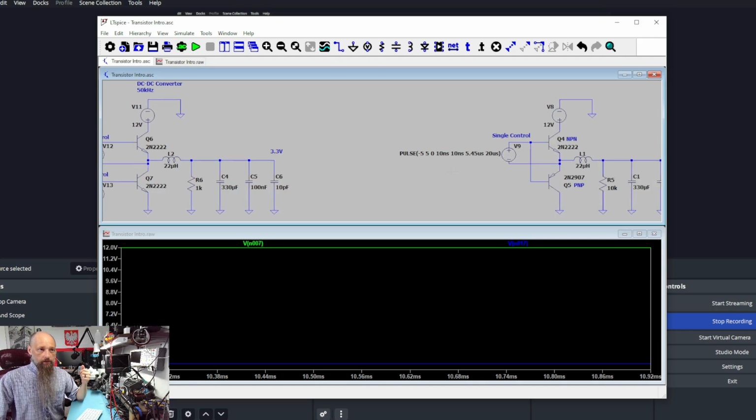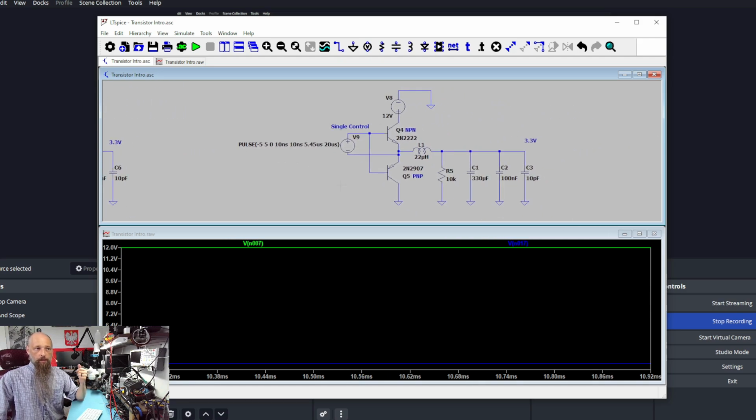Now in reality, in practice, this will be 2 transistors, but I wanted to first draw it with 2 NPN transistors, not to confuse you. But a more typical application is using an NPN transistor and a PNP transistor. And as you can see, we're still connected.